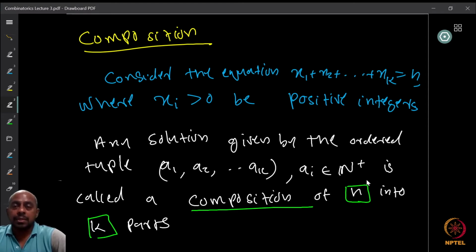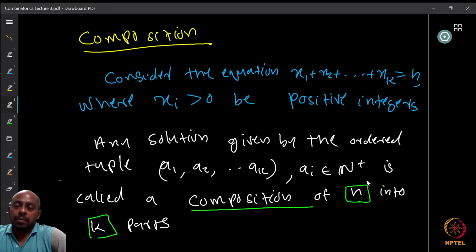So it's not a weak composition, it is a composition. Maybe at a later point of time, it will be clear why one is called weak and the other is not weak, right? But for the time being, let us just take the definitions for granted.